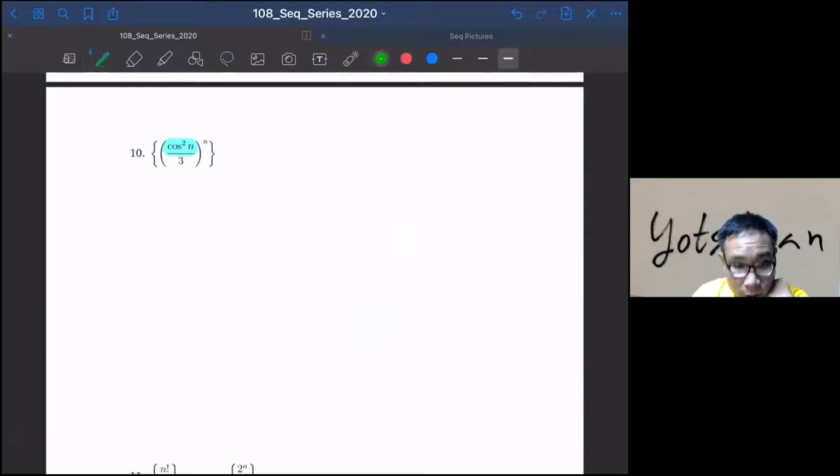However, be careful a little bit with cosine squared. For cosine squared n, we know that everything squared turns out to be positive, so cosine squared is less than or equal to 1 squared, which is 1. And you can write this by dividing by 3 to the n.